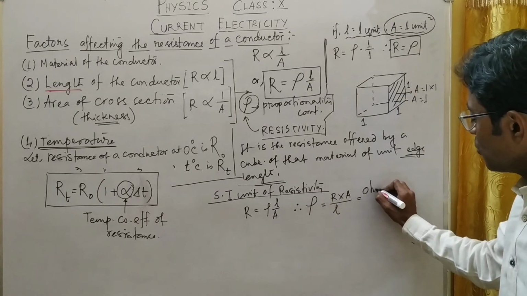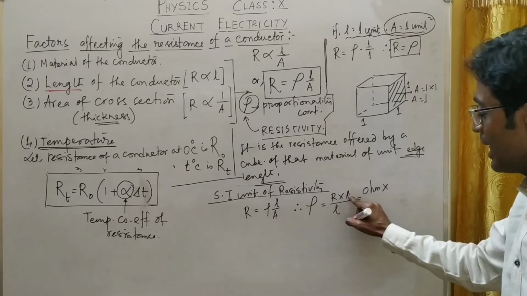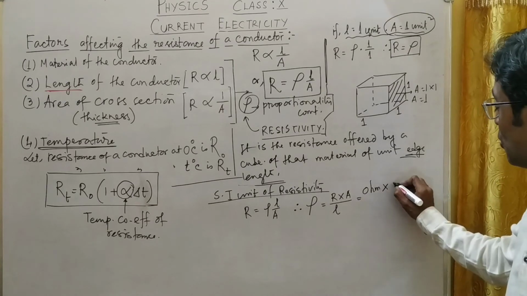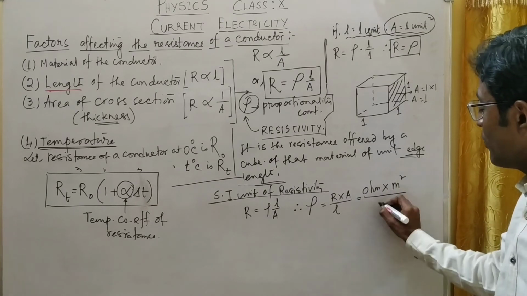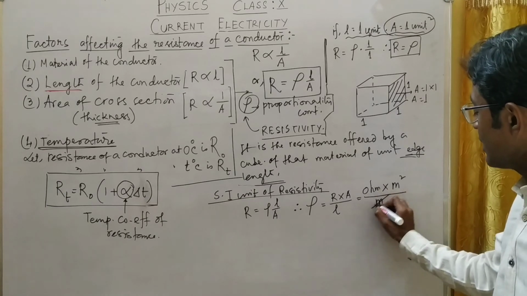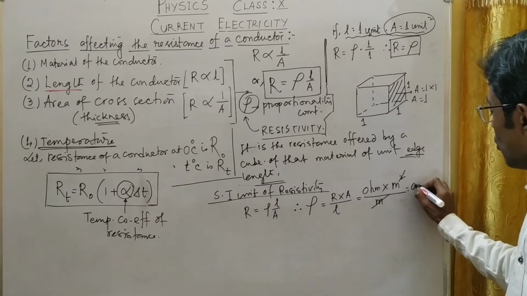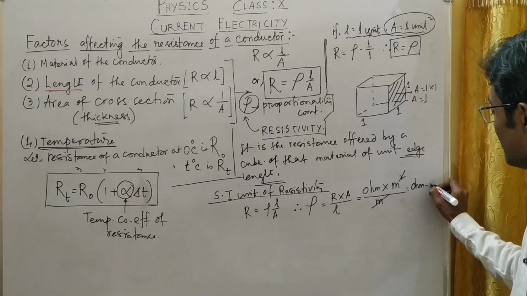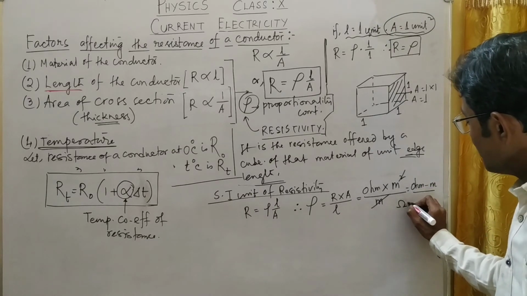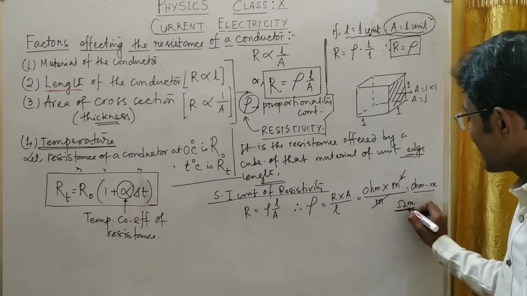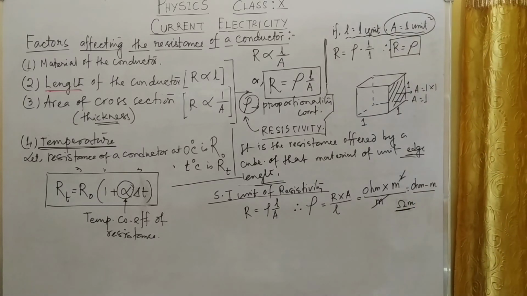It is ohm, we all know. Into area, taking the SI unit, meter square, divided by the unit of length, meter. Cut the two. It will be ohm meter. This is the SI unit of resistivity.